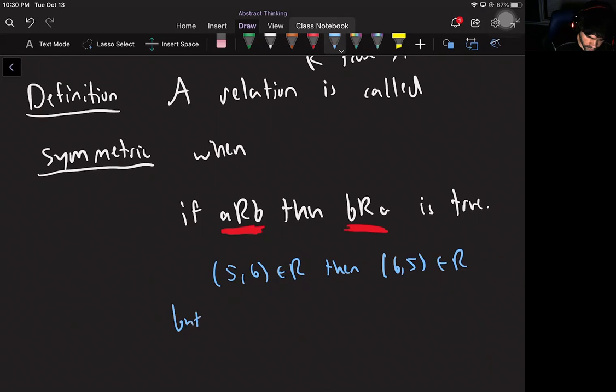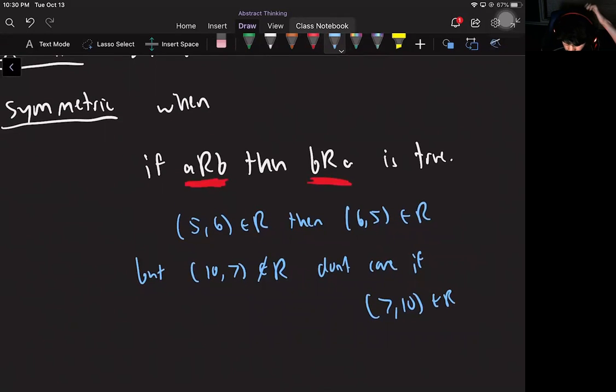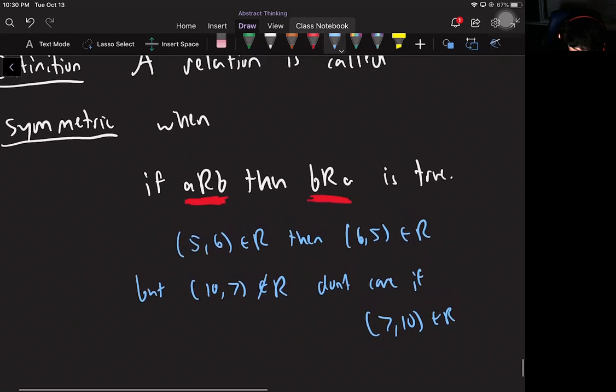But if something is not in R, like 10 comma 7 is not in the relation in the first place, well, then we don't care if 7 comma 10 is in R, because the hypothesis of the if is not fulfilled. So we only care that the then follows from the if.